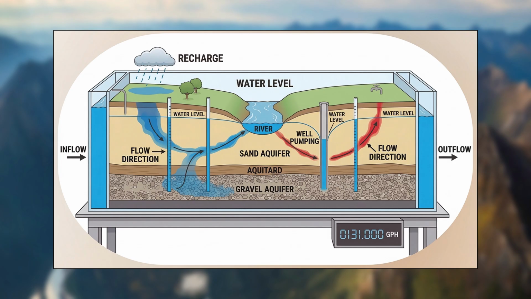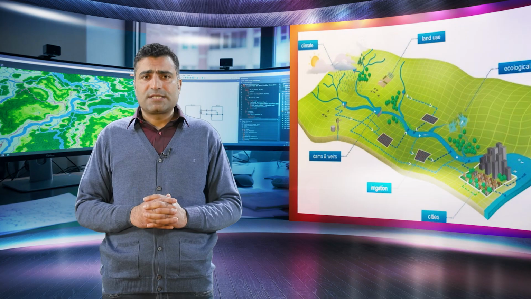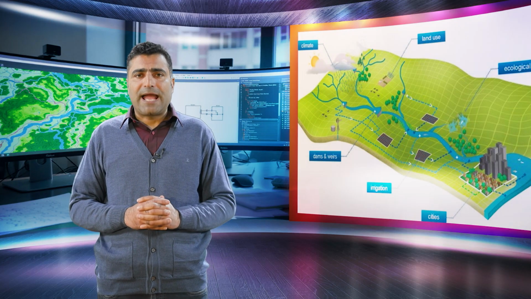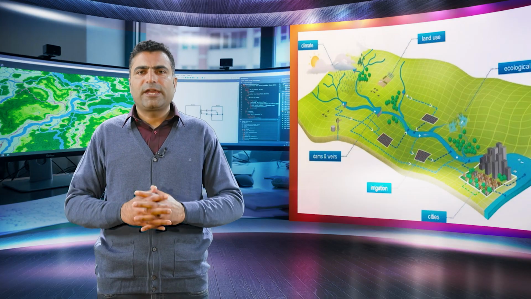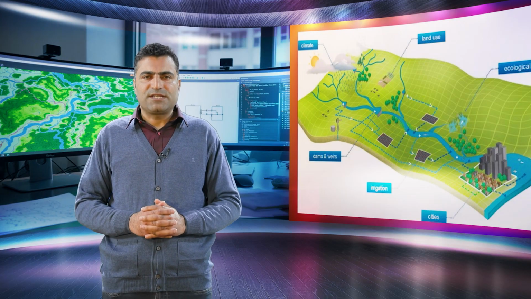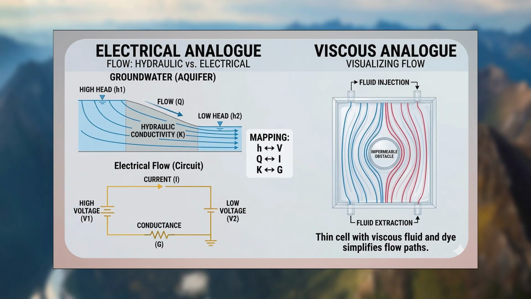Physical models involve constructing scaled down setups in a laboratory to observe and measure fluid flow directly. This includes tanks or columns filled with porous material like sand, where hydraulic heads and flow rates are measured. Analog models rely on similar physical processes to mimic the natural groundwater movement.